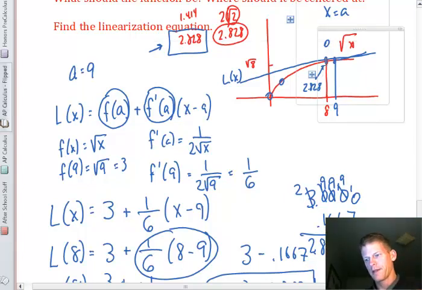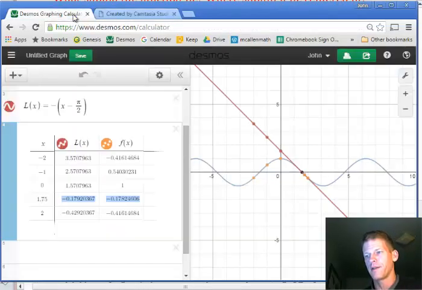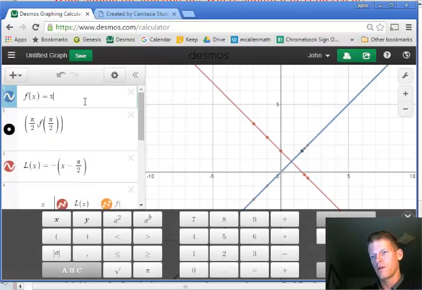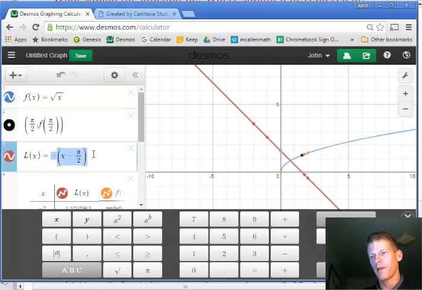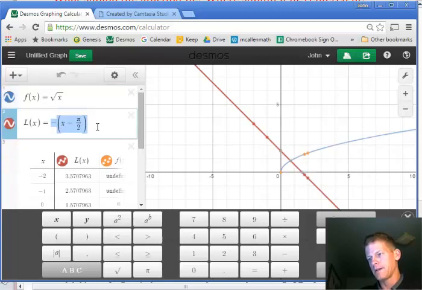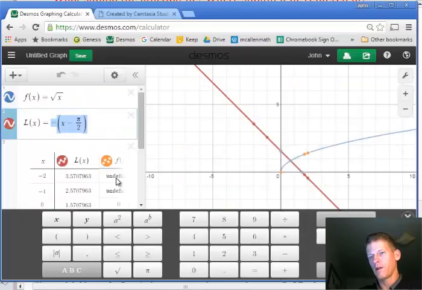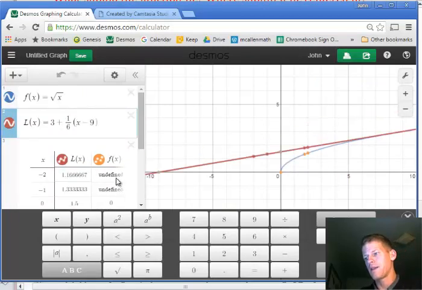This is going to be the square root of x, and that's the old linearization from the last video. It was 3 plus 1/6 of x minus 9.